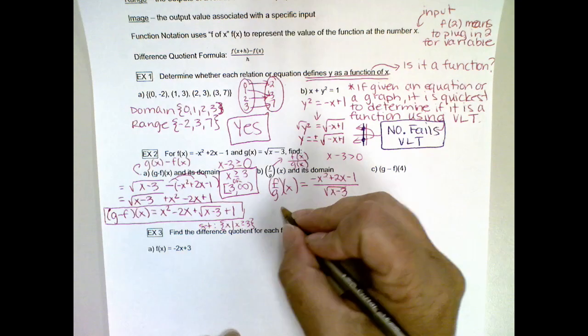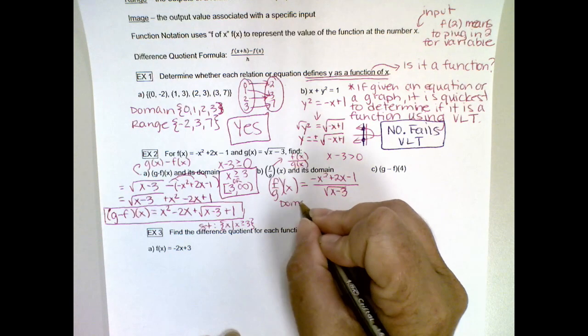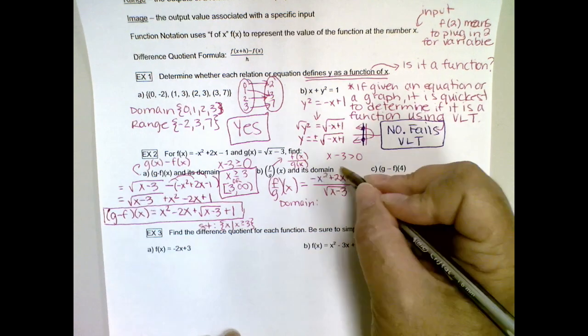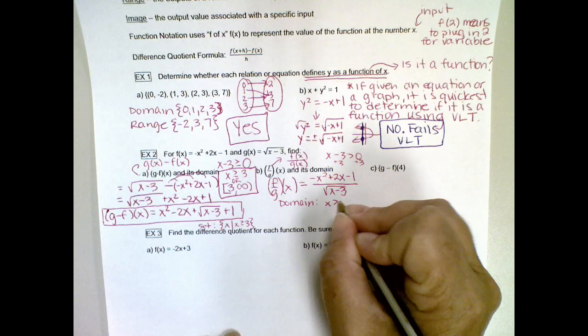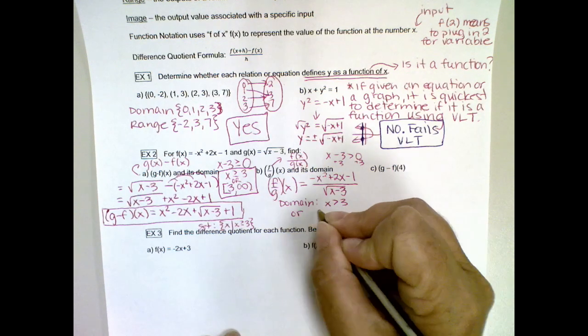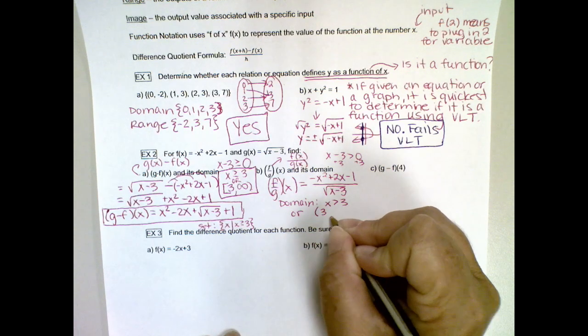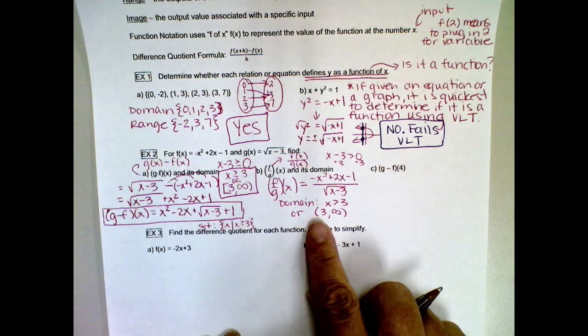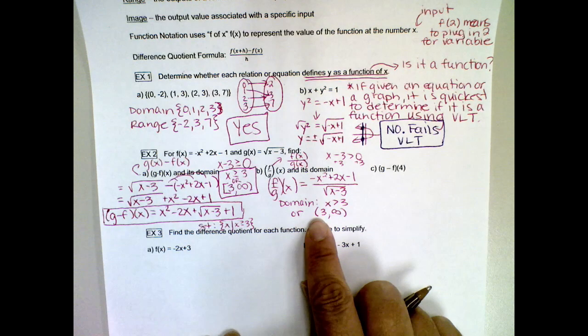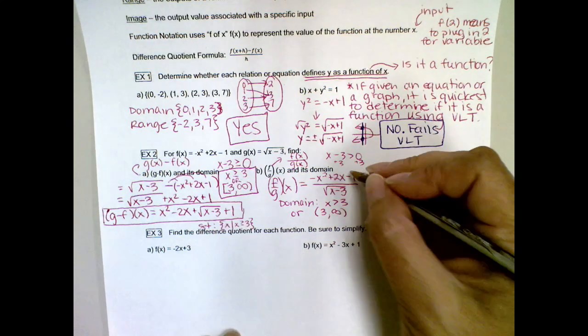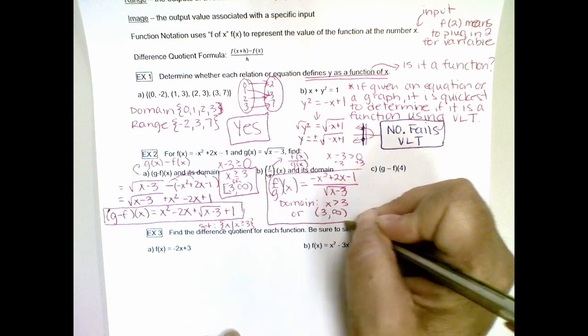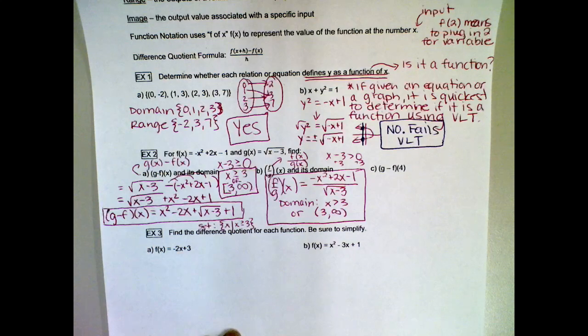So my domain, I can either, when I add 3 to both sides, say x is greater than 3, or in interval notation, I would use a parenthesis this time, because remember, parenthesis means I don't include the endpoint. Bracket means I do. And so those would be my answers there.